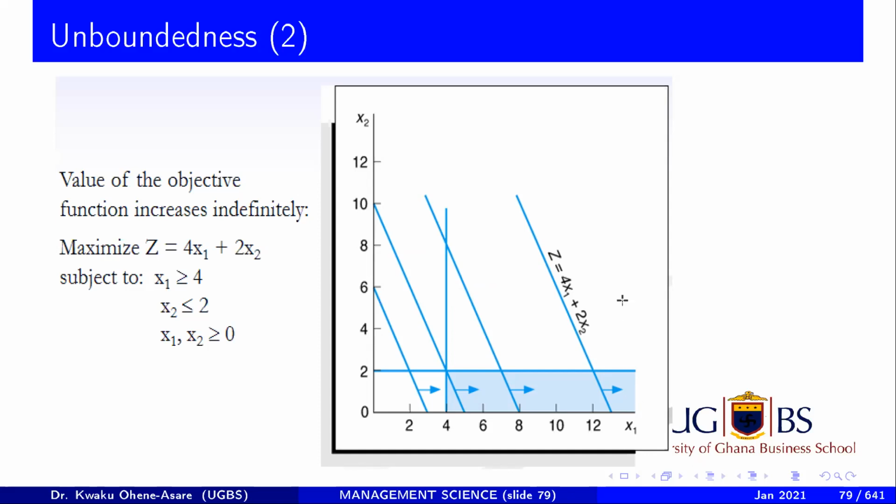If it had been closed with a line, okay, let's assume that there was another line that closes. Then you can say that as this thing keeps shifting, it will get to this point of intersection. There is no other constraint to close it. And that's a typical example of unboundedness. The word unbounded means open.